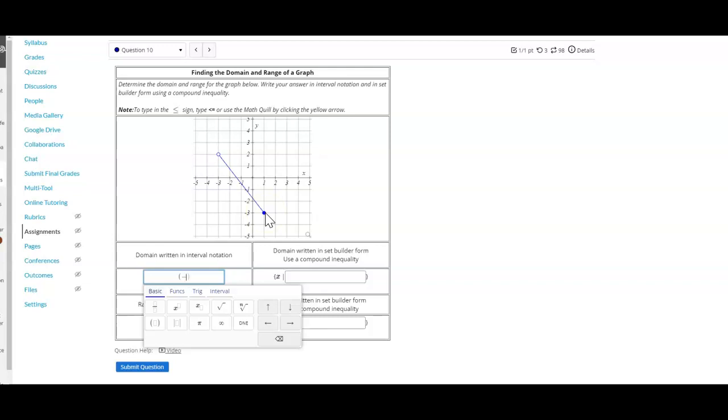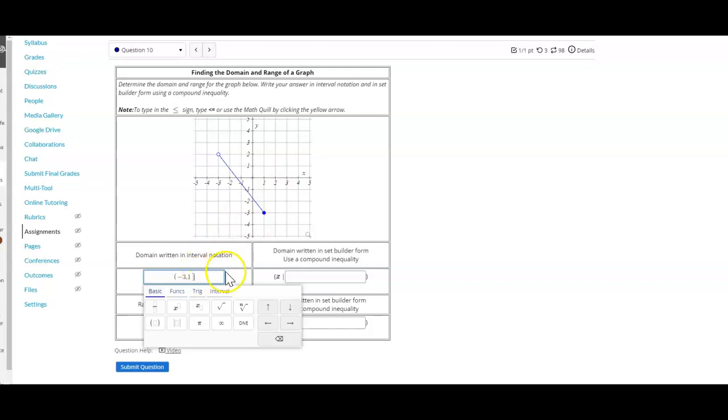So parenthesis -3, comma. Now how far to the right did it go? It goes to 1. That's as far right as it goes, the graph is not going any further than 1, and it's also including 1. So I'll put comma 1, and then use the bracket instead of the parenthesis.